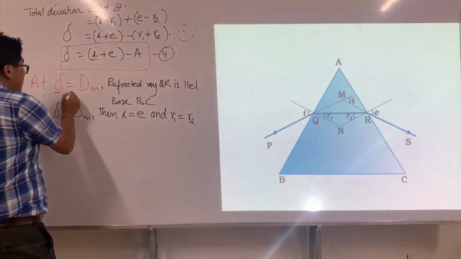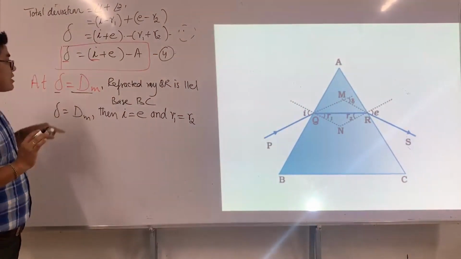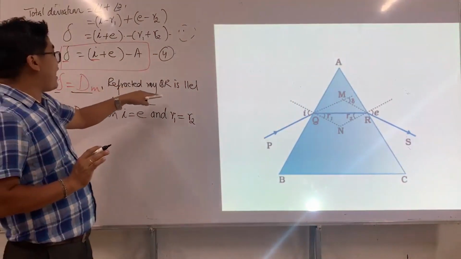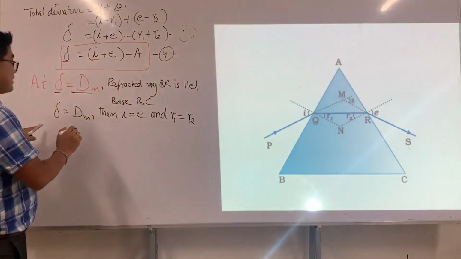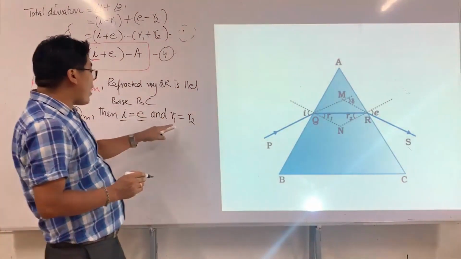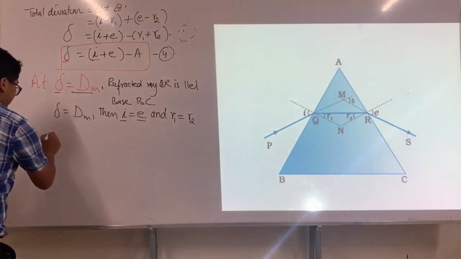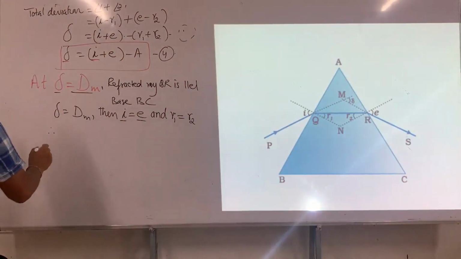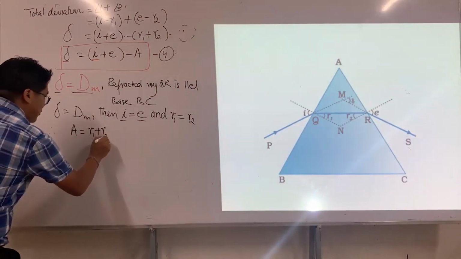So this is for minimum deviation, not for all deviations. For minimum deviation, the refracted ray is parallel to the base of the prism, and the angle of incidence is equal to the angle of emergence, then R1 is equal to R2. Therefore, we know that A is equal to R1 plus R2.